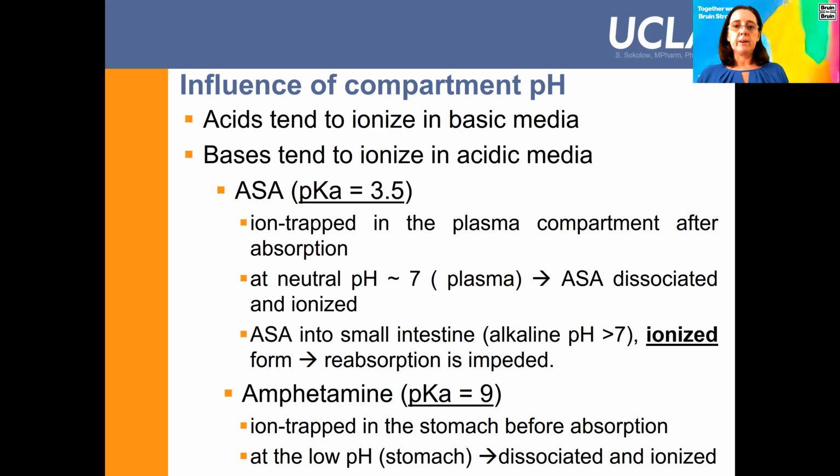If you increase the acidity of the urine, then the amphetamine is going to be ionized there, and therefore, if it's ionized in the urine, it's going to be trapped in the urine and excreted.